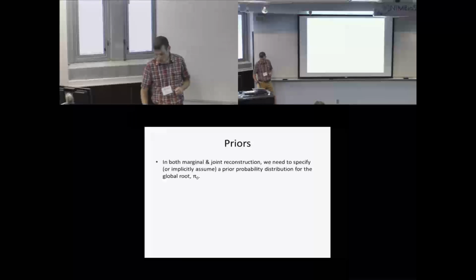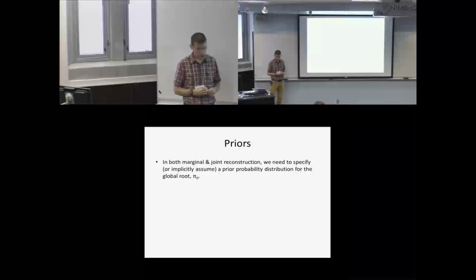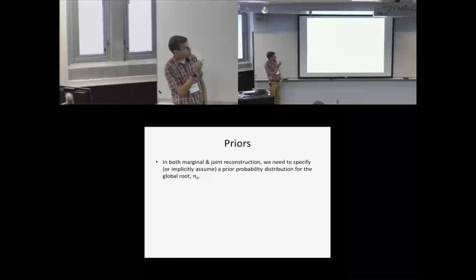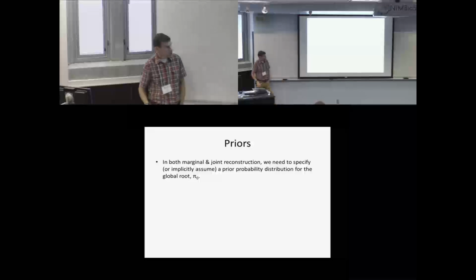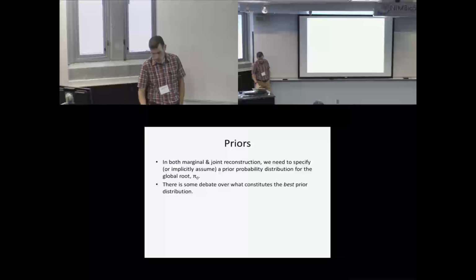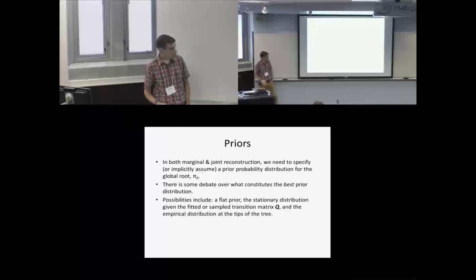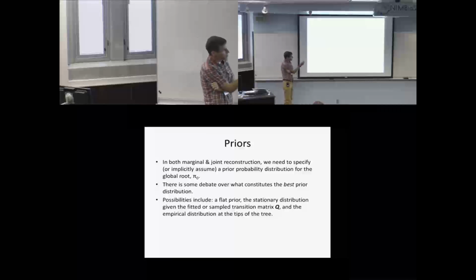I'm not going to focus on this extensively, but in both marginal and joint reconstruction, we need to specify or implicitly assume a prior probability distribution for the root. There is some discussion and some differences in implementation in different software with regard to the prior. Some possibilities include a flat prior density.